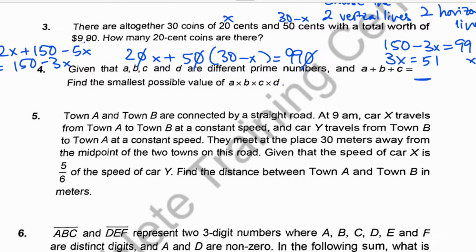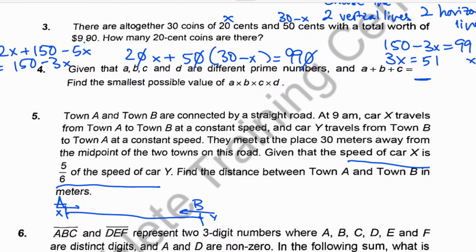For question 5, town A and town B are connected by a straight road. At 9 a.m., the cars travel between each city and then they meet 30 meters away from the midpoint. Which direction is it 30 meters away? We know that the speed of car X is 5/6 of the speed of car Y. If this is town A and town B, car X will travel this way and car Y will travel this way.